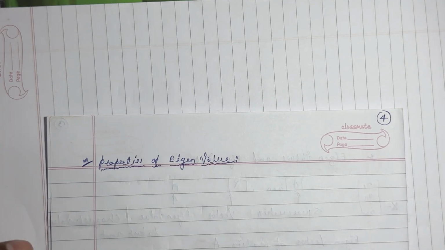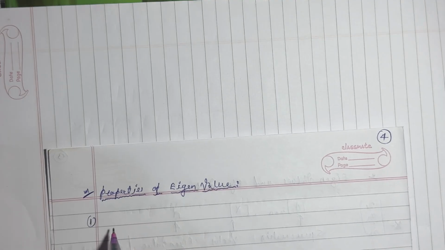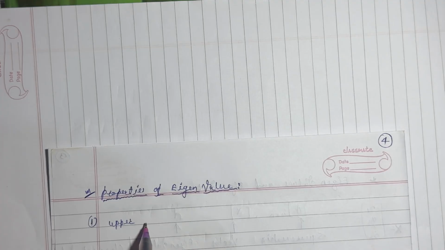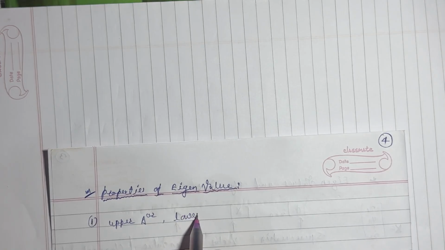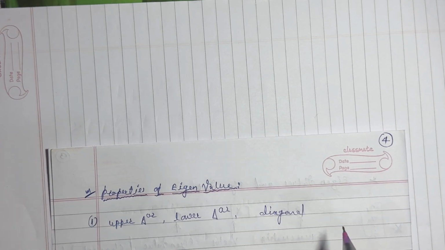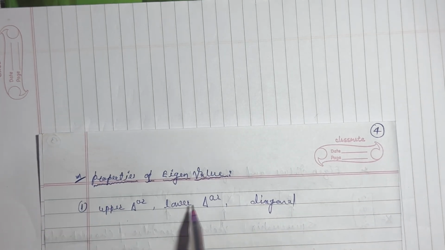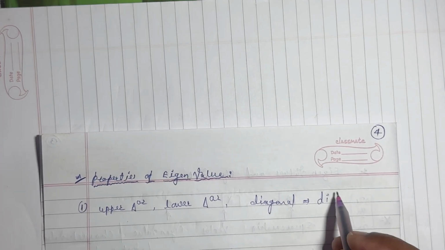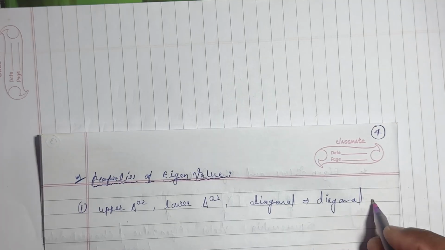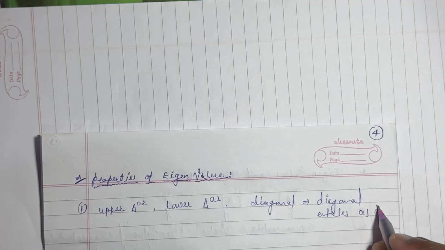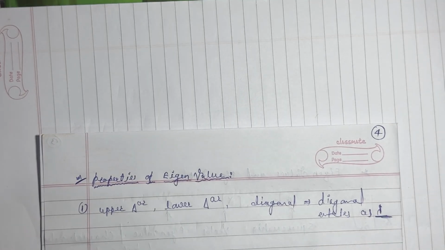In our last lecture, guys, I explained to you all the matrix which is upper triangular, lower triangular, or diagonal. For an upper triangular, lower triangular, or diagonal matrix, the diagonal entries are the eigenvalues, which we define as lambda.